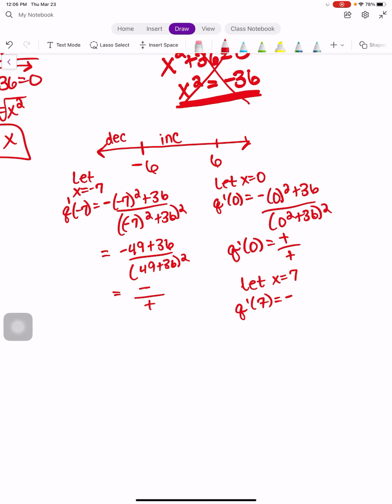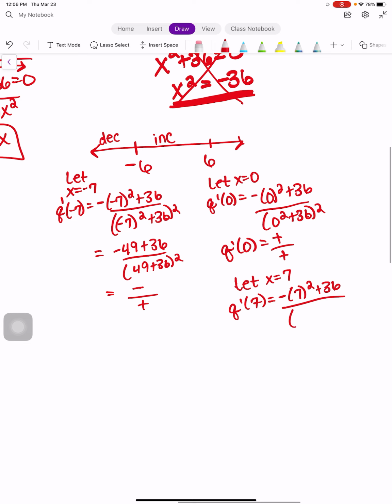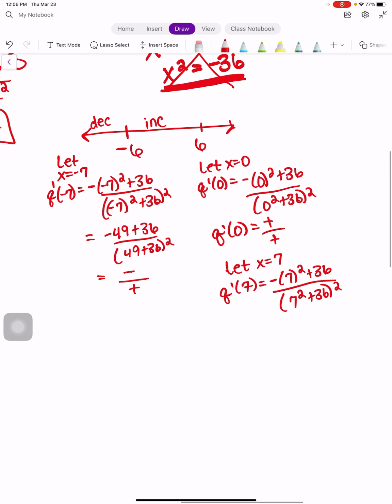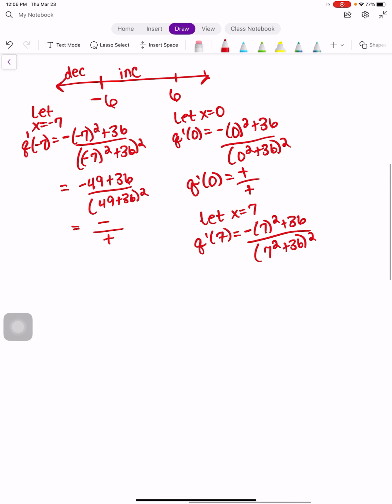So then that would give me negative 7 squared plus 36 divided by 7 squared plus 36 all squared. And again, that's very similar to what I had over here with that negative 7.